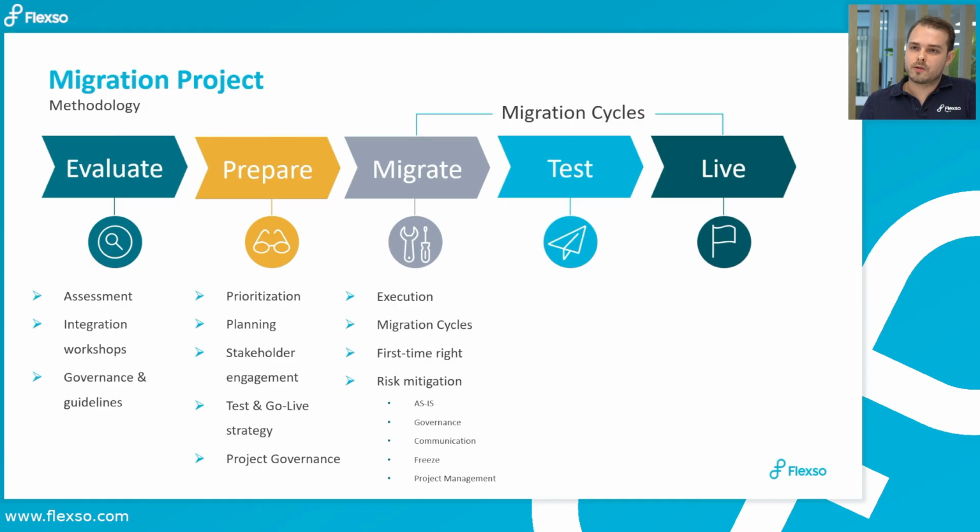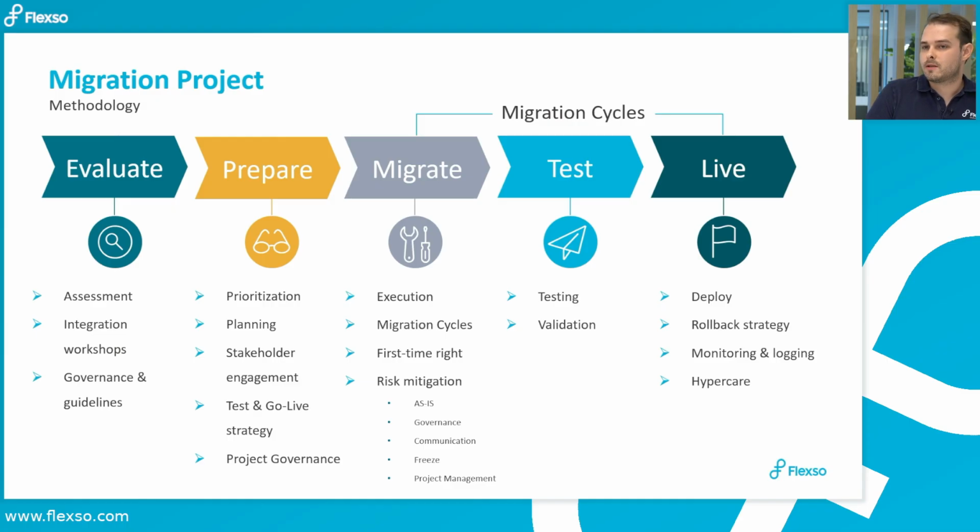After this execution phase, everything that's been developed can then be tested and validated by the business. After this, you have the go-live phase. Here, one of our best practices is to work with the phased go-live. That's also one of the reasons that we work with cycles. One of the benefits of working with phased go-live is that your internal team or your operations team can get to know the monitoring and logging early on in the process.